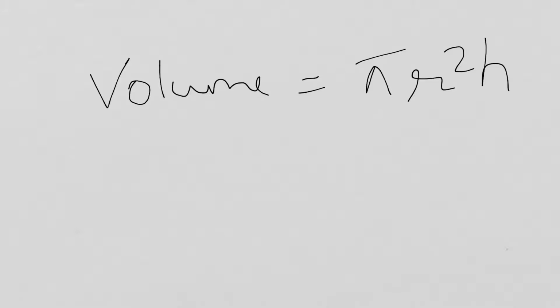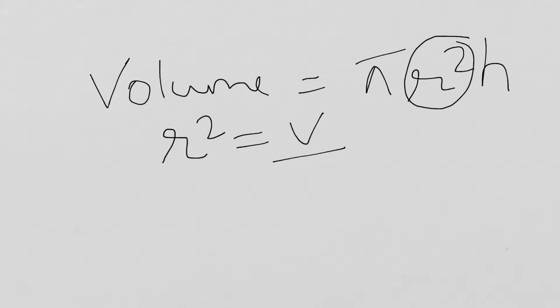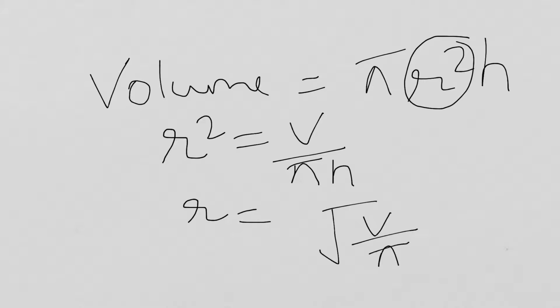Now we will keep r on the left side and the remaining on the right side. So r square equals V upon pi h, so r will be equal to the square root of V upon pi h. So this is the formula for r.